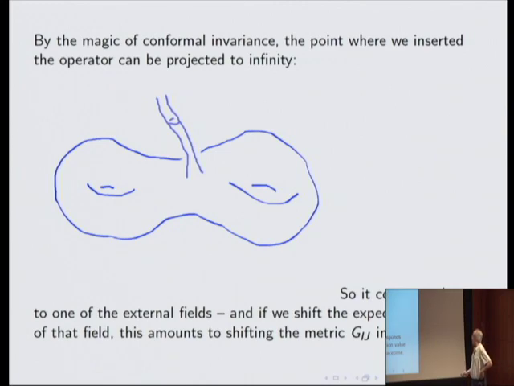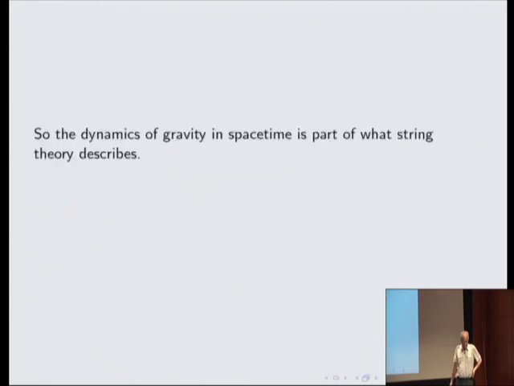In other words, the metric of spacetime is one of the external fields. If we shift the expectation value of the field corresponding to this string state out here, it amounts to shifting the metric in spacetime. So the dynamics of gravity in spacetime is part of what string theory describes.